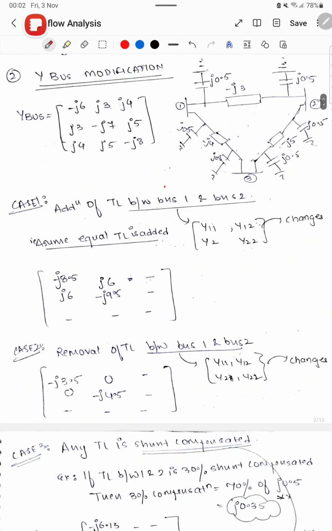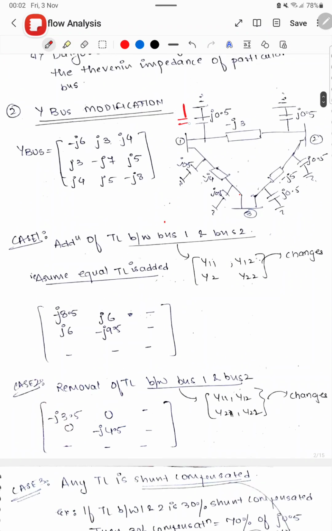So if you add any transmission line between two buses, in that case 4 parameters will be getting changed. Okay, y11, y12, y21 and y22. I'll tell why. Since it is between buses, 2 buses are getting affected.